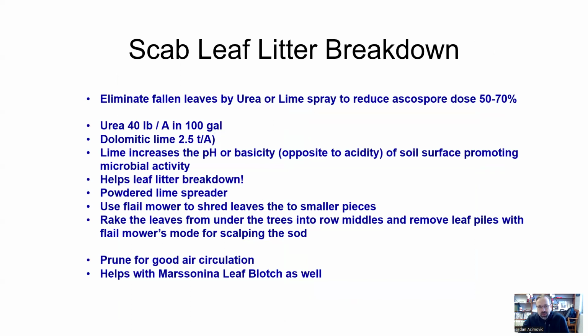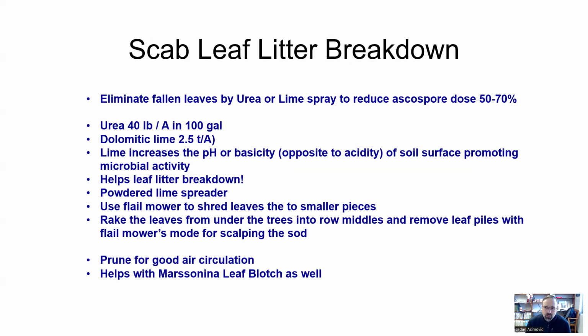Right now, about this time of the year, one of the best practices you can apply, as long as you don't have snow above the leaf litter, is to try to eliminate these fallen leaves that allow the pathogen to overwinter by applying urea or lime. This will help you reduce the ascospore dose by about 50 to 70%.